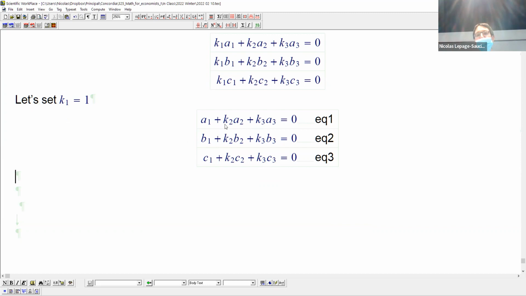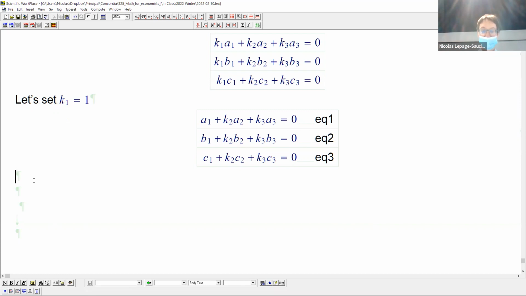What I can do is multiply the first equation by B2 and then the second equation by minus A2, and add them together. If I do this, I'm going to get here K2 A2 B2, and here I'm going to get minus K2 B2 A2. So when I add them together, the K2 goes away. And I didn't have to assume anything about the fact that it could be 0 or whatever.